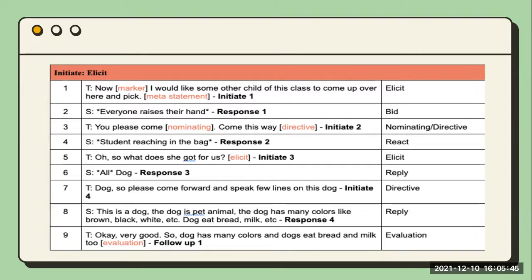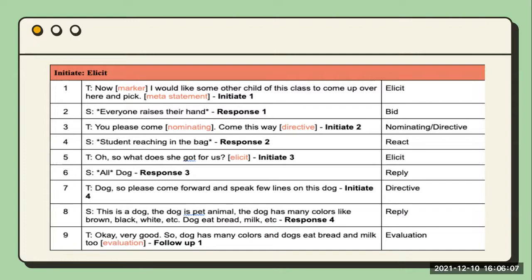So now this is the analysis. I'm going to talk about the nomination, bidding, and directive. So first one, we have bidding. On the number 2, after the teacher initiates, the students raising their hands is a response. And then the second one is nominating.